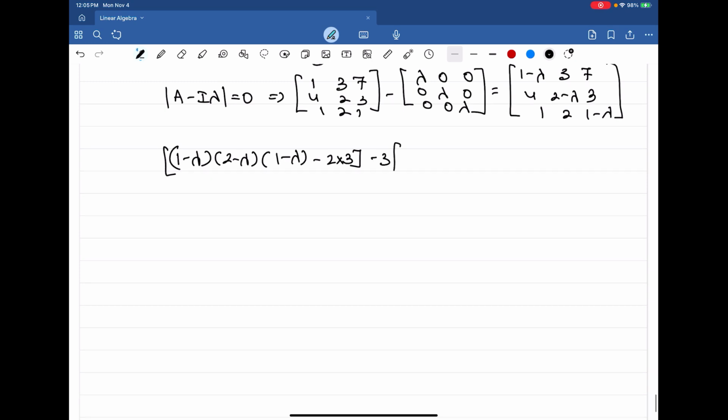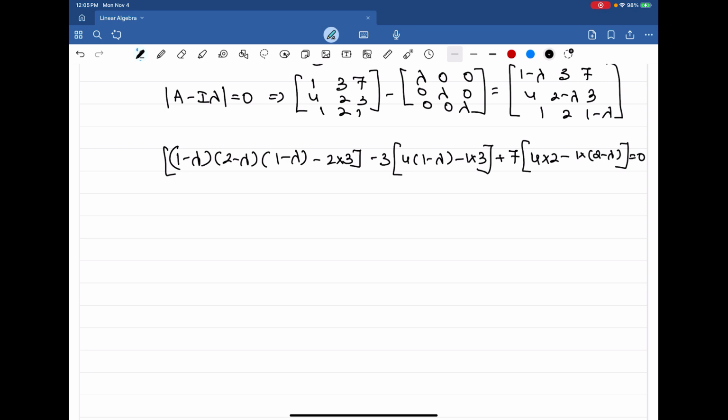Minus 3 into 4 into 1 minus lambda, minus 1 into 3 plus 7 into 4 into 2, minus 1 into 2 minus lambda. This is equal to 0.